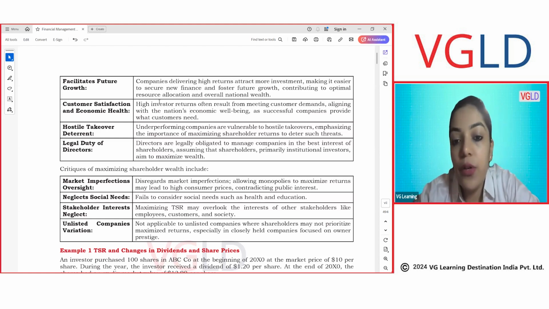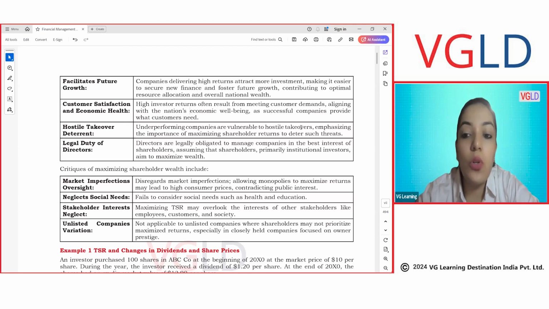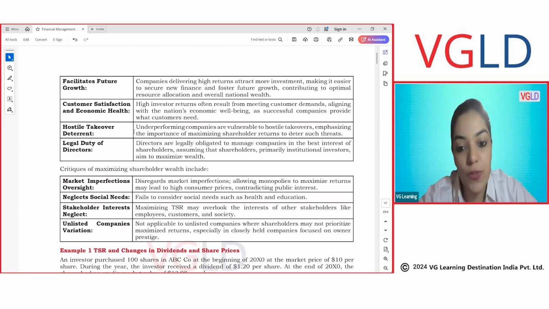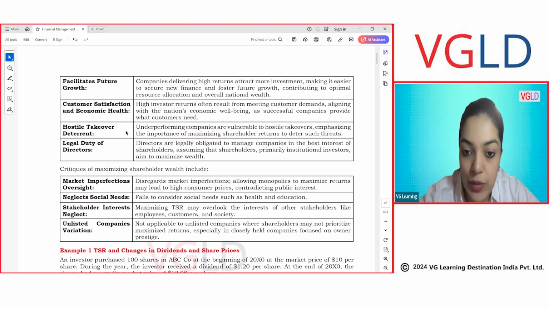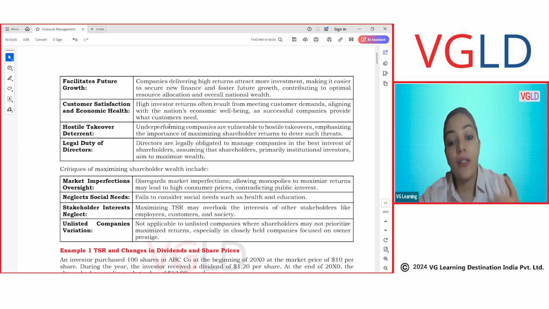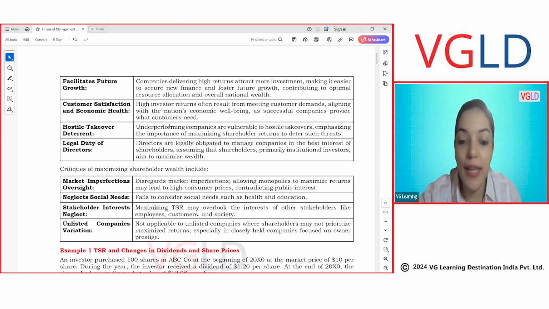Okay, so underperforming companies are vulnerable to hostile takeovers because their shares are undervalued, emphasizing the importance of maximizing shareholder returns to deter such threats. Yes, takeover without the wishes of a company is called hostile takeover. When you maximize the wealth of the shareholders, then the shares in value increase, and therefore it is more difficult for any company to acquire those shares. That is what the third point is talking about.